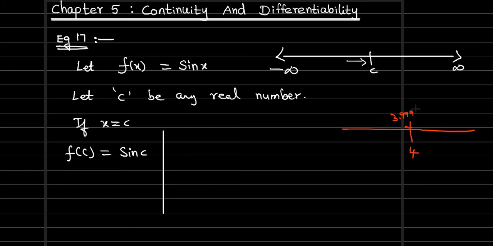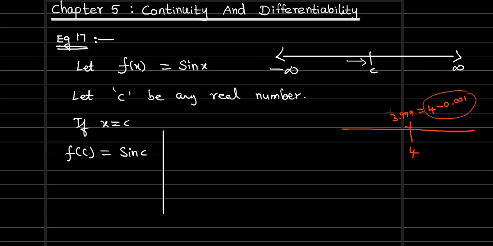This 3.999, how can we write it? We can write it in the form of 4 minus 0.001. This way we can write it, no? Yes. So this 4 minus 0.001 of course gives a 3.999 result.